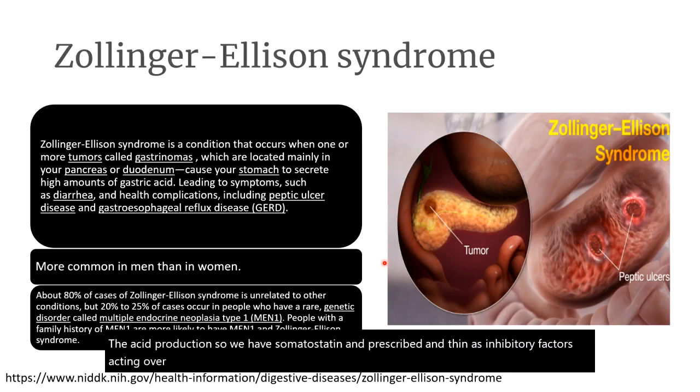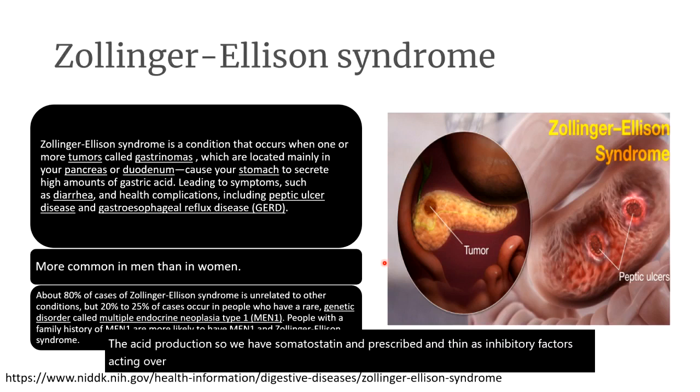The other thing I wanted to mention is that 20 to 25% of Zollinger-Ellison syndrome can have a gene called multiple endocrine neoplasia type 1, MEN1.